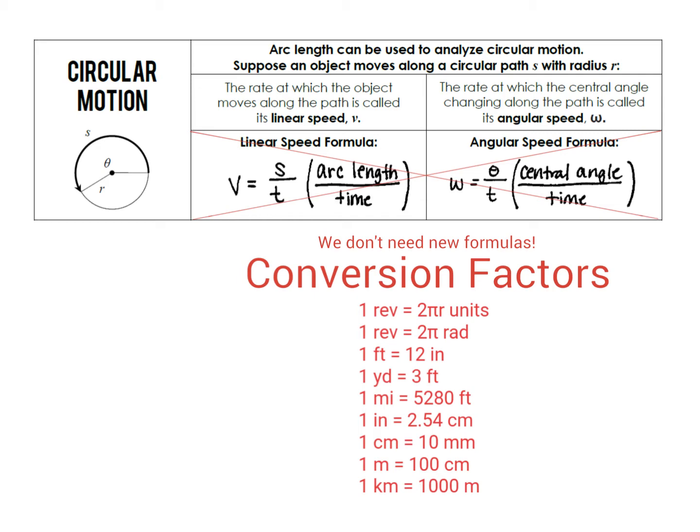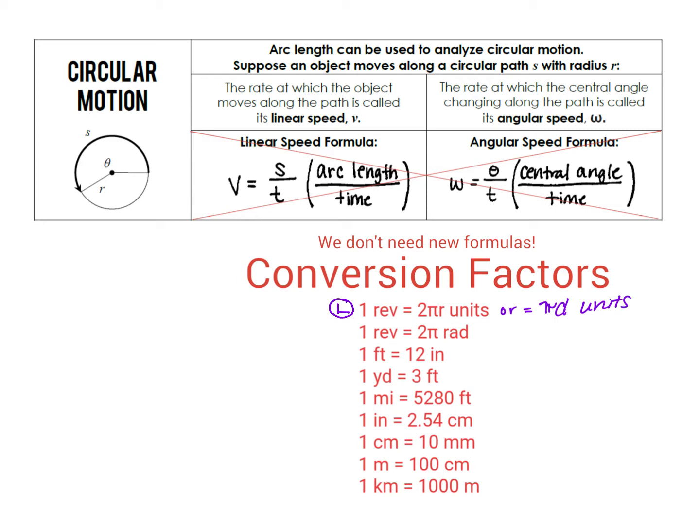Linear speed is where we're looking at converting to something like miles per hour, or a distance. One revolution, then, our conversion factor for linear speed, is that one revolution is 2 pi r units, the circumference, or we could just write it as pi d if it gives us the diameter as well.